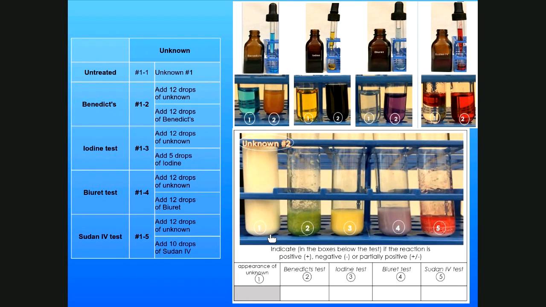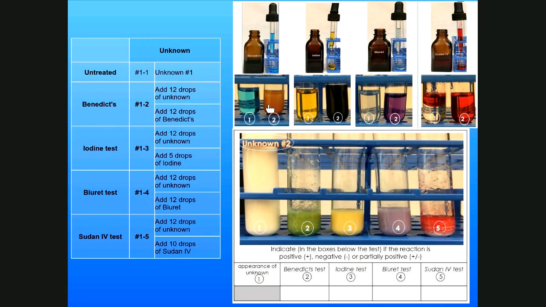And then we're going to look at the Benedict's test. Now the Benedict's test is listed up here as orange, but remember the Benedict's test was a reducing test. It's for reducing sugars. So there's copper in here, and copper, as we talked about in the lecture, changes color. Remember I told you about the copper penny that turns green first?